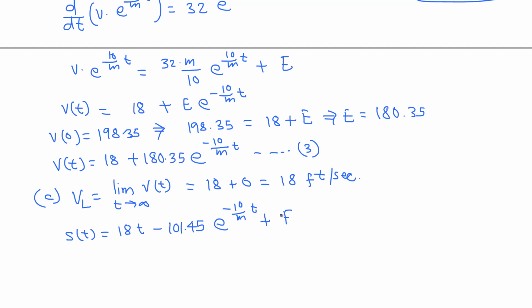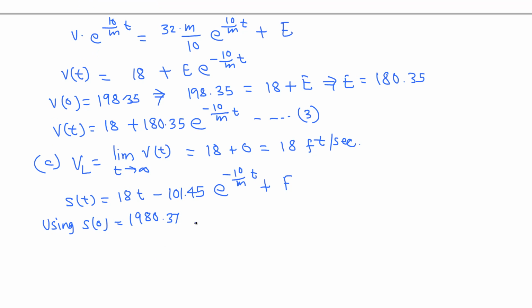Now to find f, we use the initial height s0 equals 1980.37, which was found at the end of the first part.